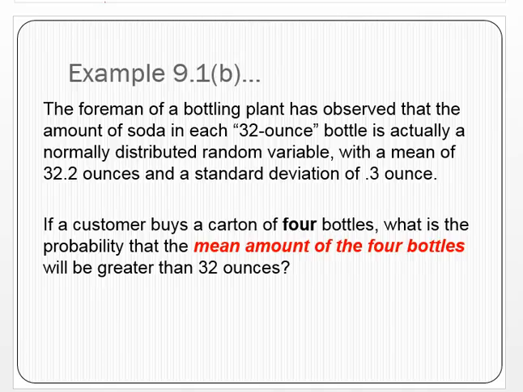What is the probability that the mean amount of the 4 bottles, so this is a sample of 4 drawn from that normal population, what's the chance that the mean of the 4 bottles, that would be X bar, the mean of that sample, is greater than 32 ounces?